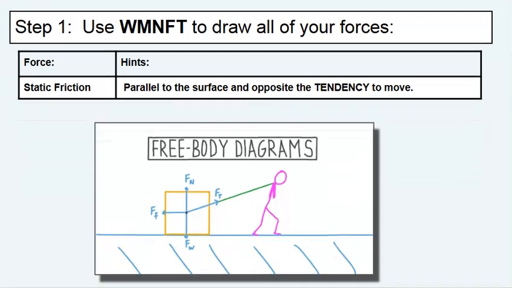Static friction is really tricky, so we are going to spend a day on static friction. Not going to talk about it too much now, but the rule is it's parallel to the surface and it's opposite the tendency to move. So this is like if you've got a really, really, really heavy box and you're like, it's not moving, it's not moving, then we call that static friction because static for stationary.